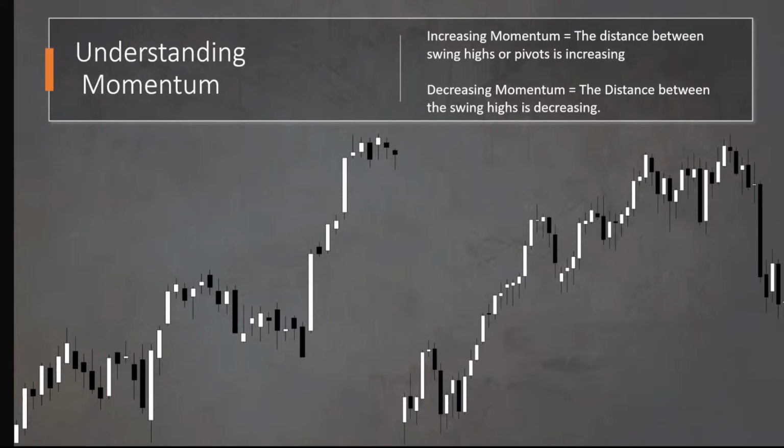Momentum in trends can be looked at through the lens of how far it will run from when it breaks out of a resistance level. There's another step that I'll talk about here in a second that I do prefer. But when you're looking at momentum, once again, you look at how far it establishes that higher high. Because again, a trend is a series of patterns, higher high, higher low.